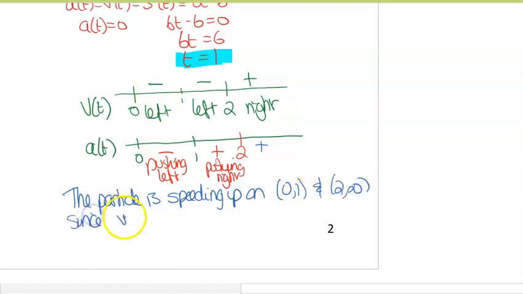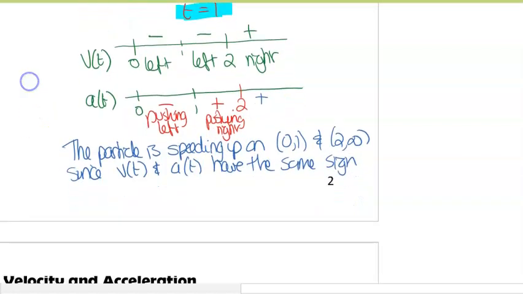Since v of t and a of t have the same sign. Doesn't matter that it's negative. They have to have the same sign because they're moving left and being pushed left, and moving right and being pushed right.